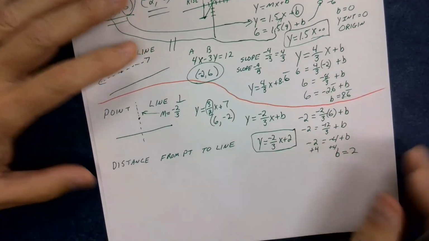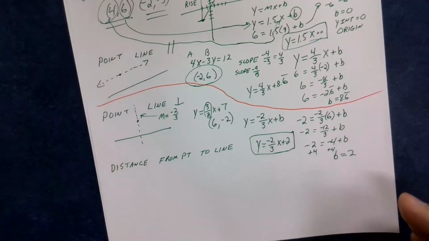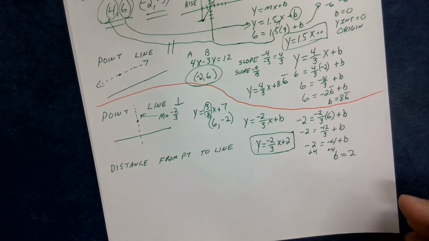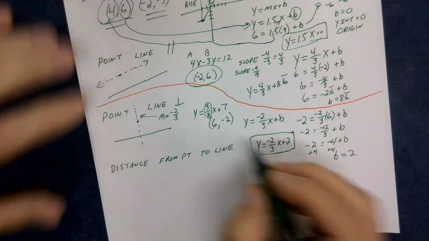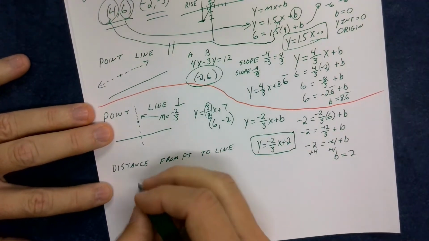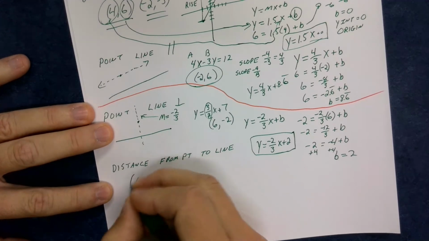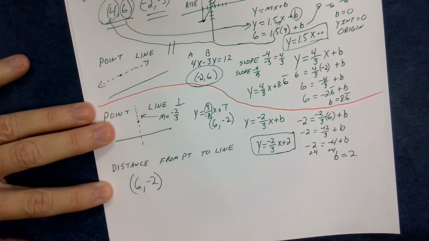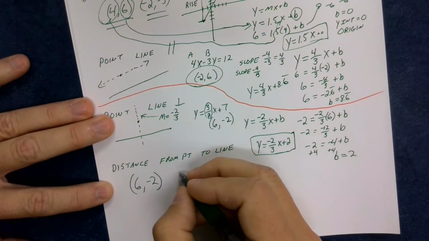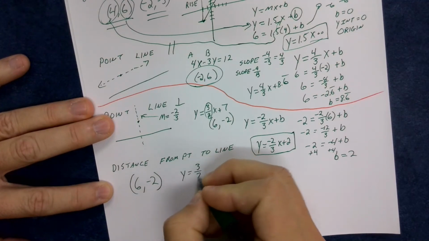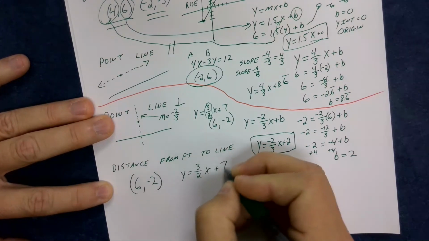Okay, so how about this one? Let's say that I'm trying to find the distance from a point to a line. And I'm going to go ahead and do that on that very last problem. So I want to find the distance from 6, negative 2, right, to the line y equals 3 halves x plus 7.